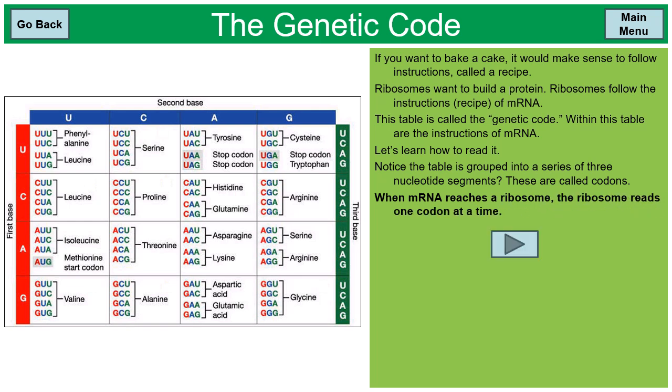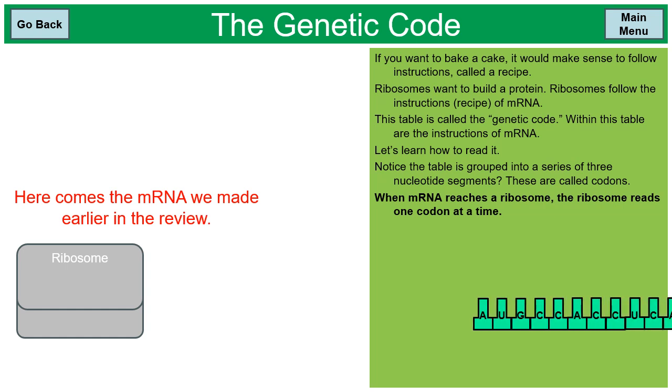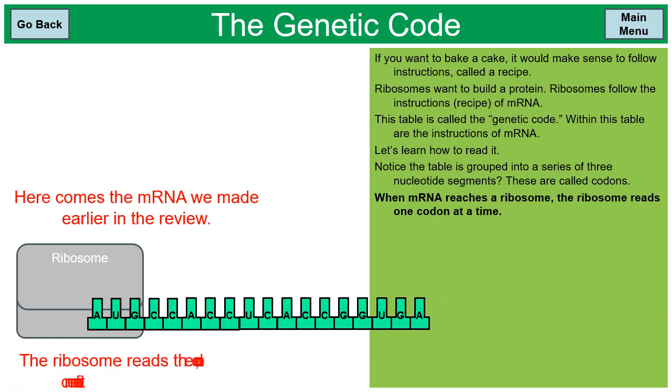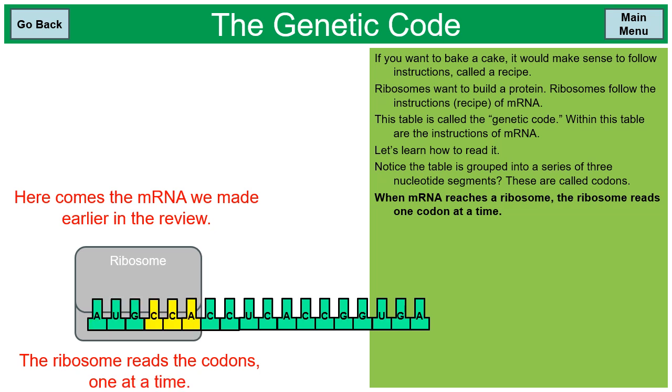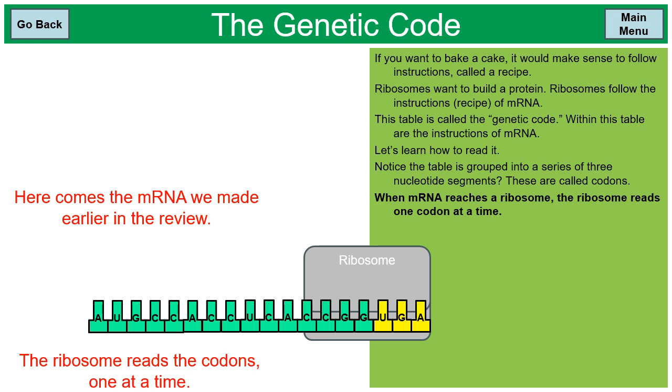And so when the mRNA reaches the ribosome, it reads codons. Here comes the RNA we made earlier. And the ribosome will read 3 letters at a time, or a codon, one at a time.